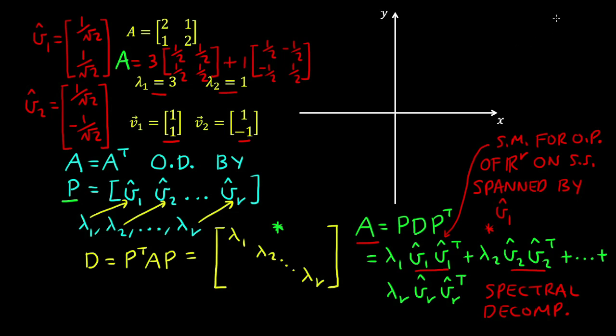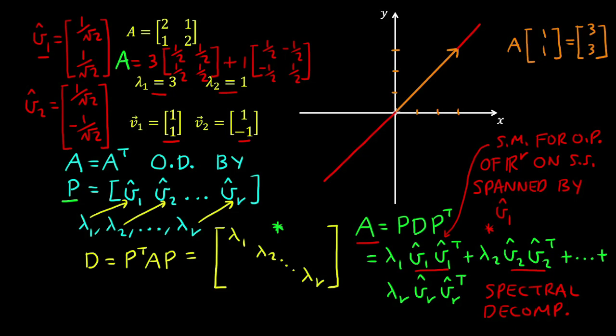Now suppose we have some vector with components 1, 1. Essentially multiplying this vector by the matrix A will give 3, 3. So the vector would look something like this. Now the eigenspace spanned by vector v1 hat is the straight line through the origin along the direction of that vector.